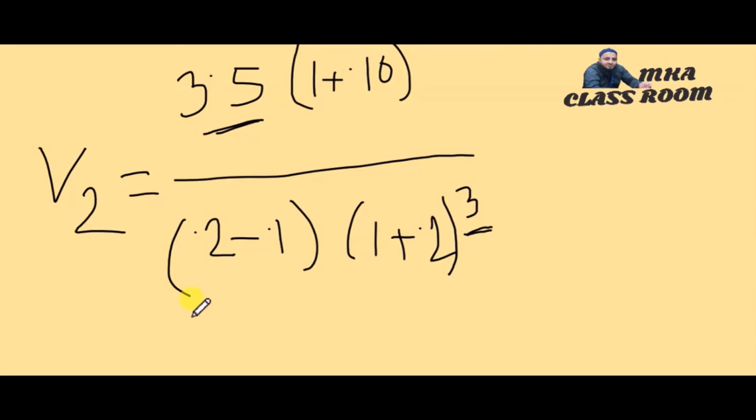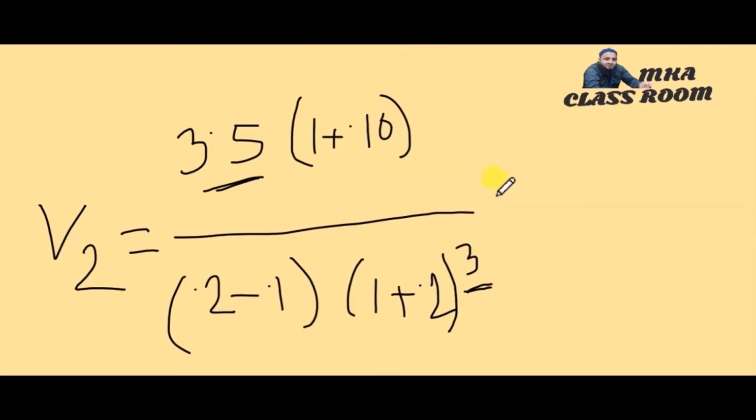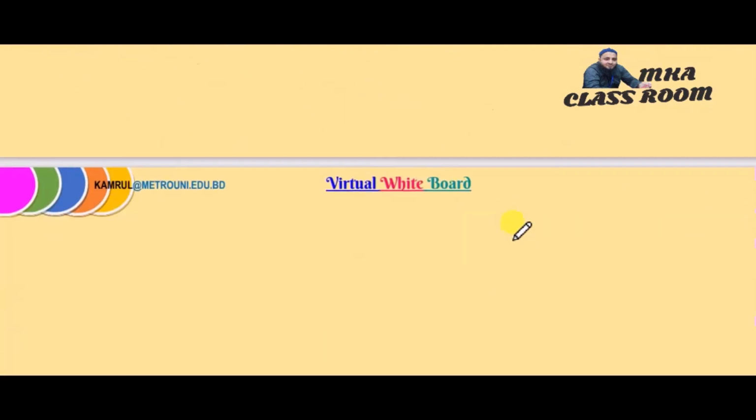Calculating this with our calculator, we see V2's value is 22.28. So our valuation model is V1 plus V2.